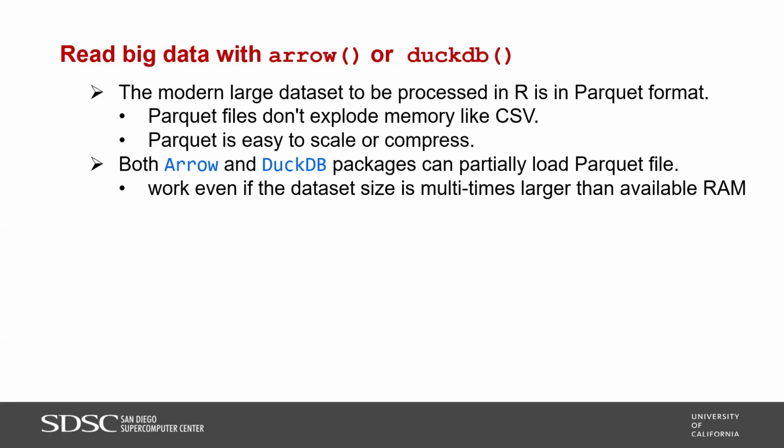And both Arrow and DB packages can partially load the Parquet file, and that gives a bigger advantage of using those packages to load large datasets, because even if the dataset size is multiple times larger than the available RAM on your node, you can still load that dataset.